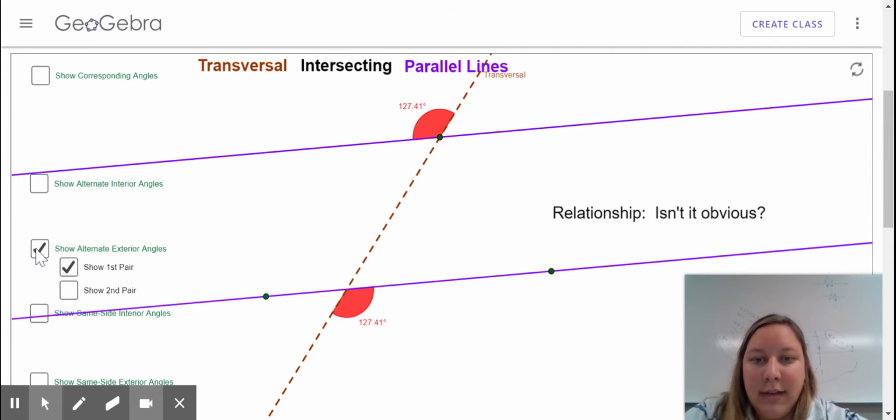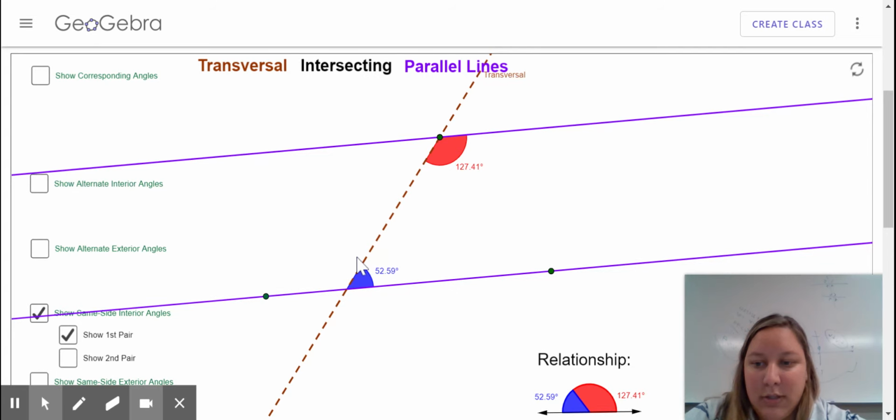Then we have alternate exterior. They're on the outside. There are two pairs. Notice they're on either side of the transversal, the dotted line, but they're on the outside of the parallel lines. And they're also congruent.